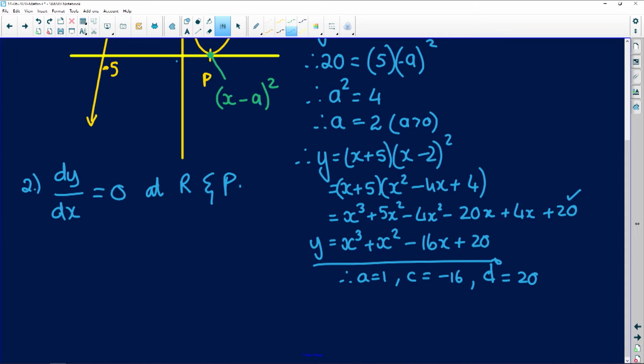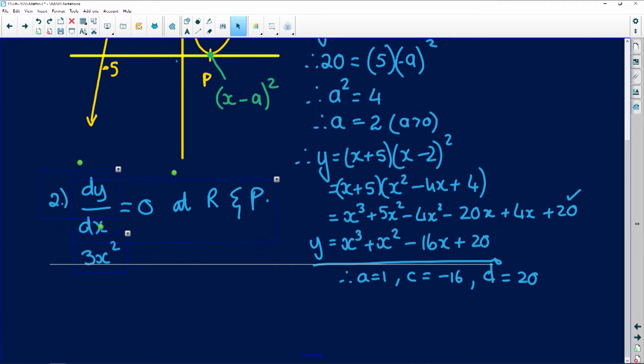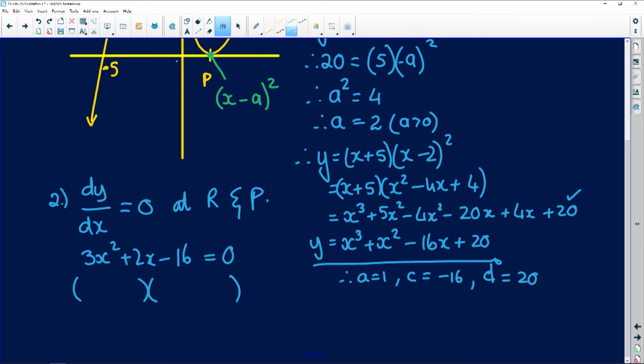Now we've got the equation here. So the derivative will be 3x squared. I keep on moving off the screen there with you guys. There we go. So the derivative there is 3x squared plus 2x minus 16, which is 0. A quick factorization. Now here I can cheat.